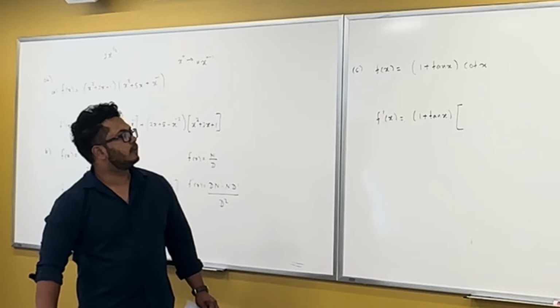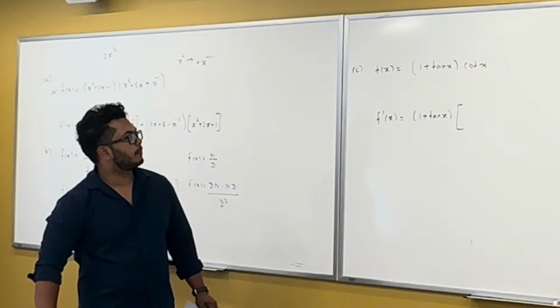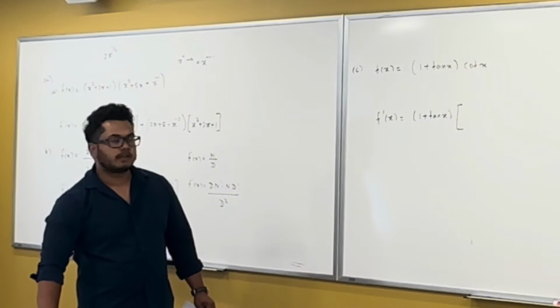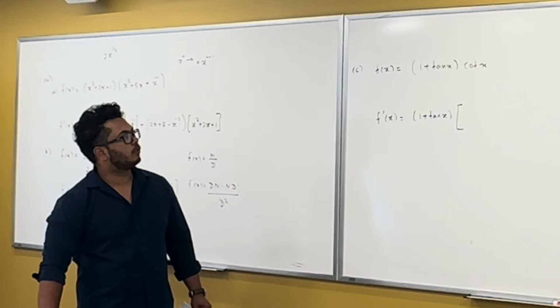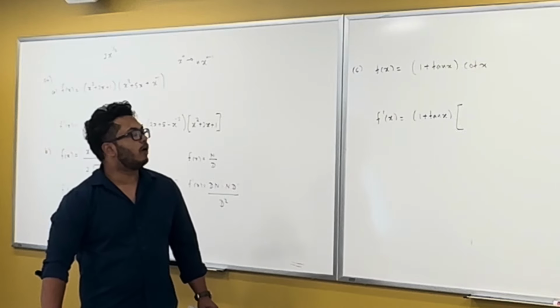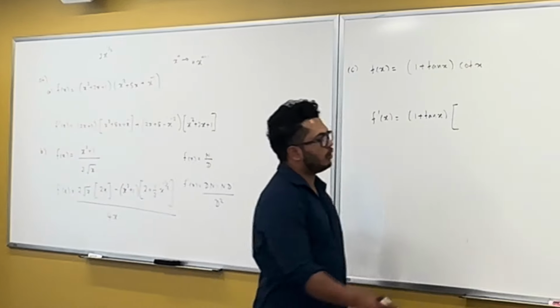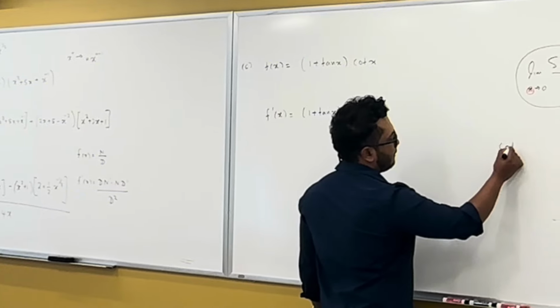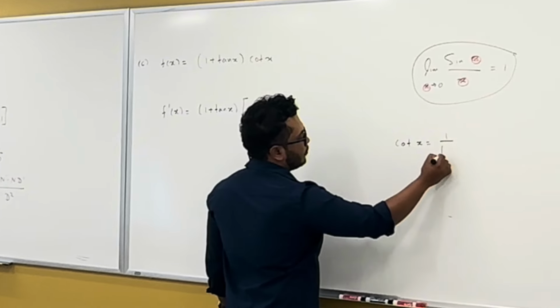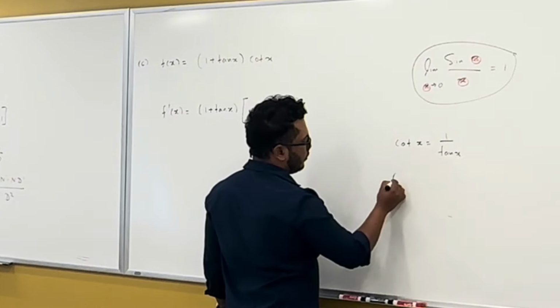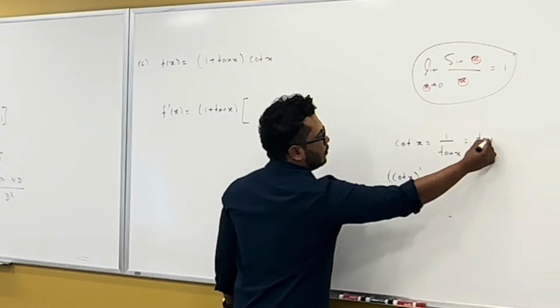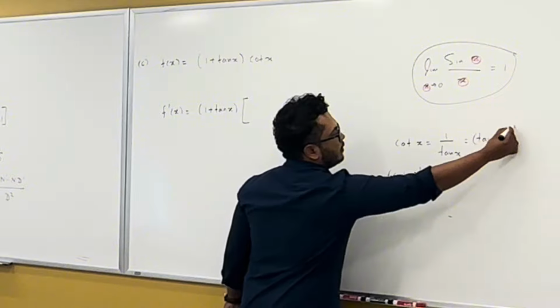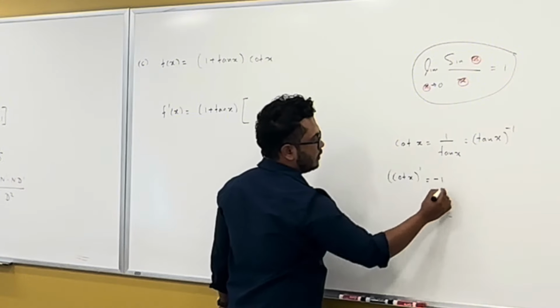Cotangent is cosine over sine. You can use cosine over sine and use the quotient rule if you want, or cotangent is 1 over tan. So if you want to take the derivative of cotangent, you can take the minus 1 power down.